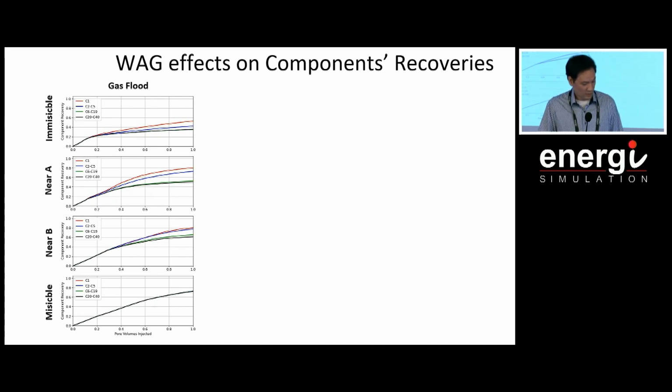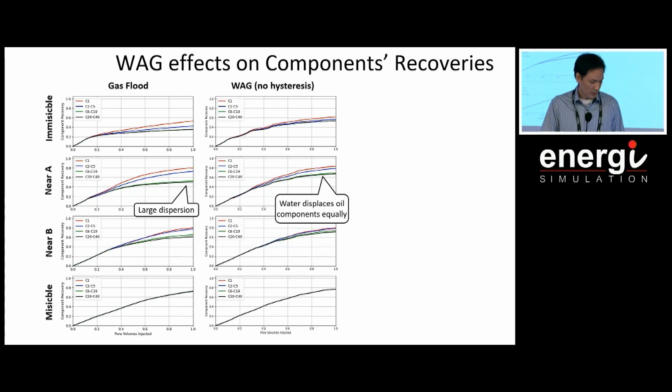You can see that also happens on a smaller scale for the immiscible, although the system is supposed to be very immiscible. Even so, some of the methane does go to the gas phase, because you're passing a lot of CO2 in the system on the fingers, it will tend to be more stripped than the rest.